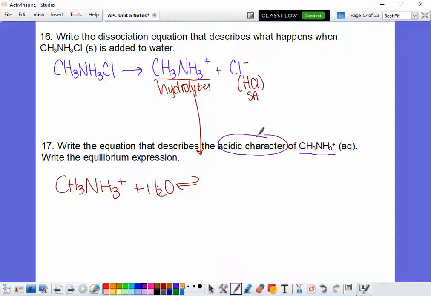So that means that this has to be acting as an acid. Also, since Cl- came from my strong acid, that means this comes from my weak base. Therefore, this is a weak acid. Because it's always opposites, conjugates. Conjugate acid, conjugate base. CH3NH3+. The weak base formed it.